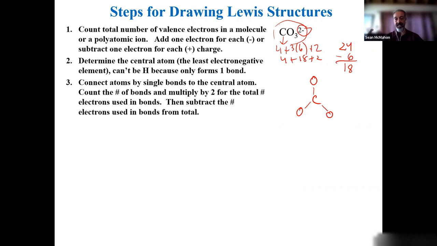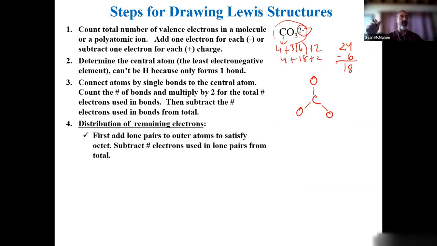Now, with my 18 valence electrons, the next step is I need to distribute these remaining electrons, and the first thing I want to do in that distribution is make sure that the outer atoms, in this case the oxygens, have enough lone pairs to satisfy the octets. They all have 1 bond, so they would need 3 lone pairs, 6 more electrons to satisfy their octets.